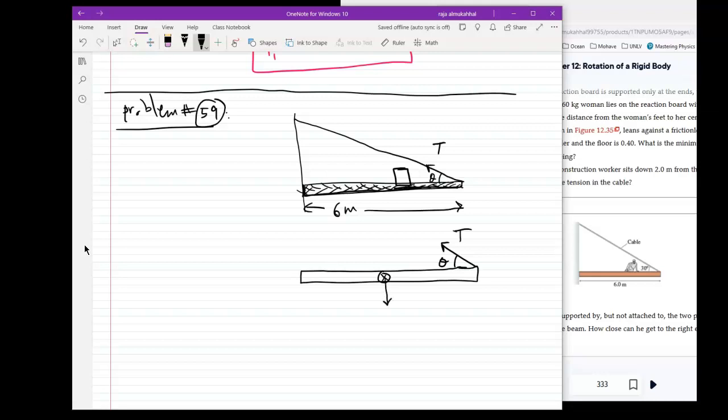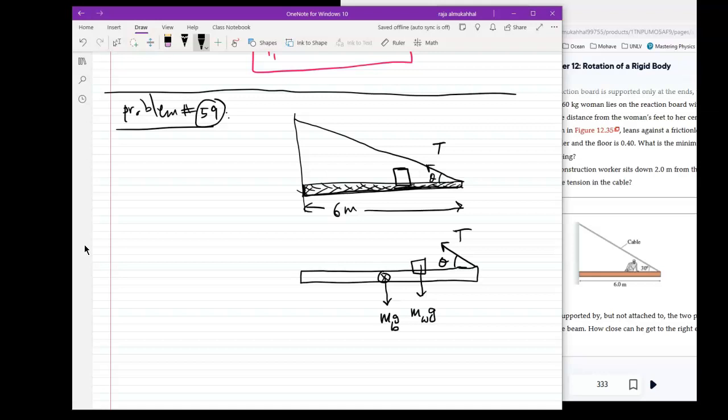I hope he gave it to us. Did he give it to us? I think he did. Yeah, so we'll call it the mass of the beam, M sub B. And then we have the mass of the worker right here, M sub W, G, like that.